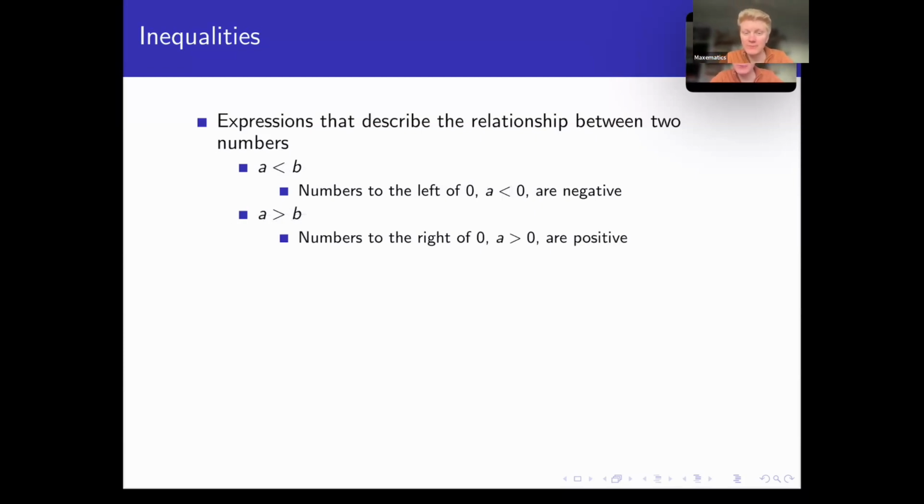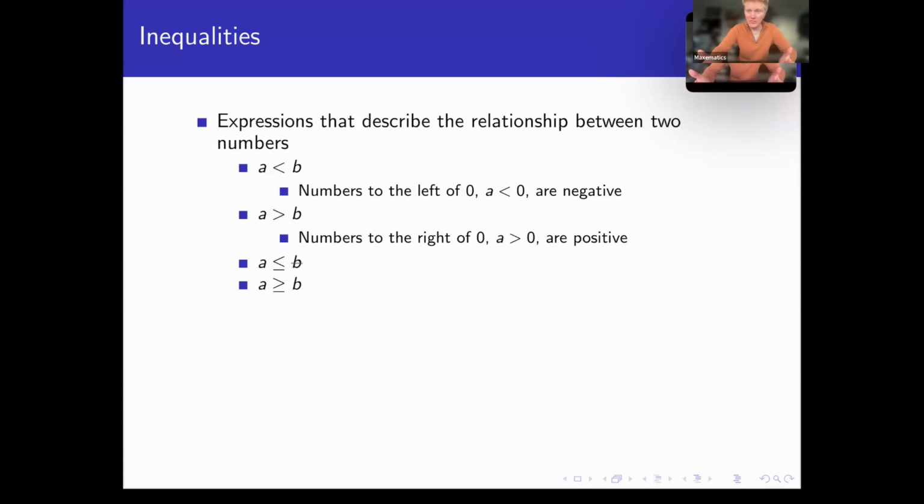are positive. And we also have notation that says A is less than or equal to B, and A is greater than or equal to B. So for example, 2 is strictly less than 3, but 2 is also less than or equal to 3.